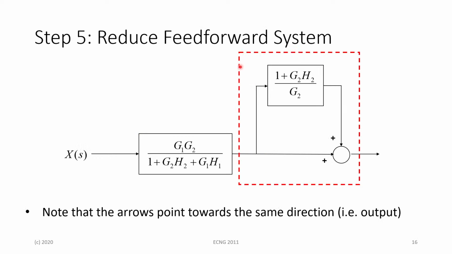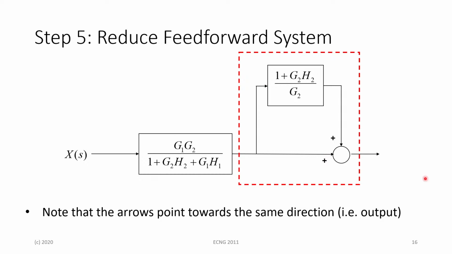Our last step in eliminating this last summation junction is that this is going to be a feed forward system, because this doesn't go backward towards our input. All of these are just going towards our output, y of s.